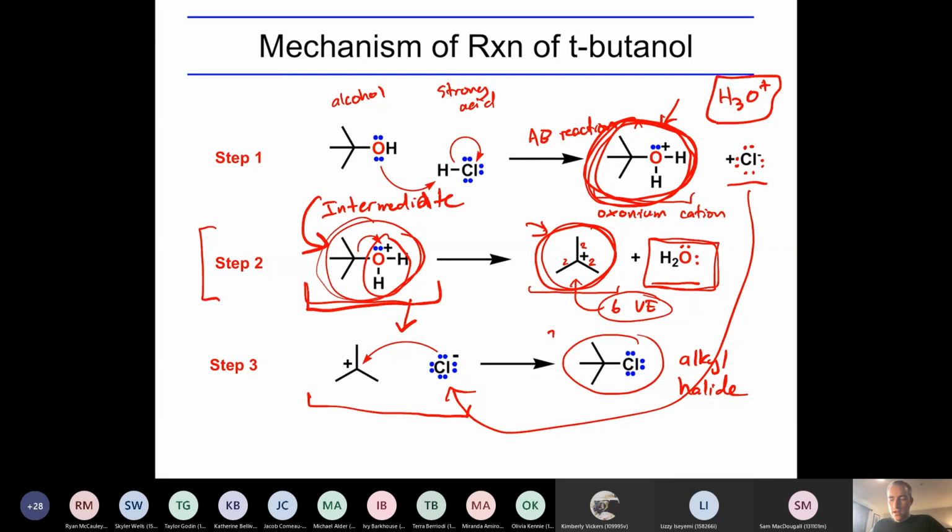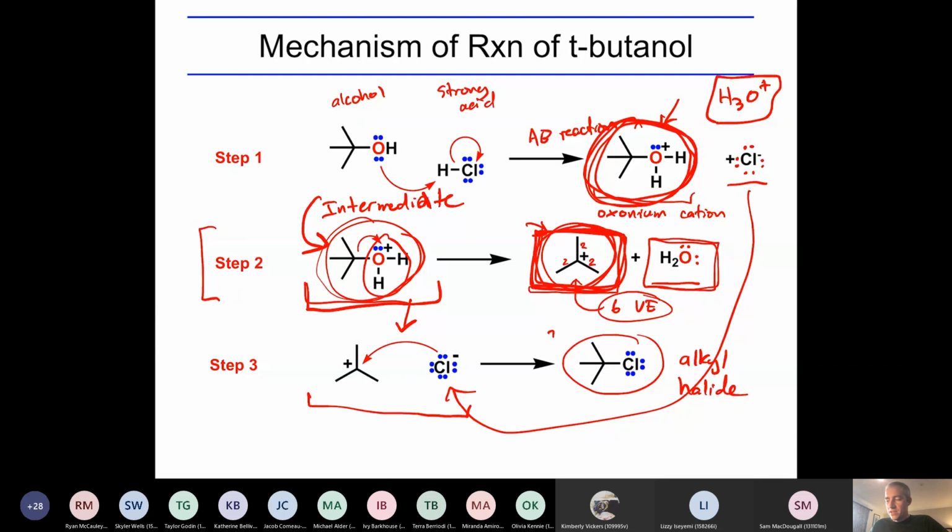It's not present at the start. It's not present at the end. It's a stopover. Same thing, this carbocation, which I'm circling for the millionth time, is formed in step 2 and then consumed in step 3. So it is also an intermediate.